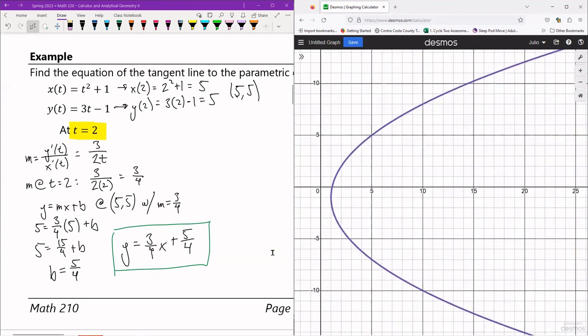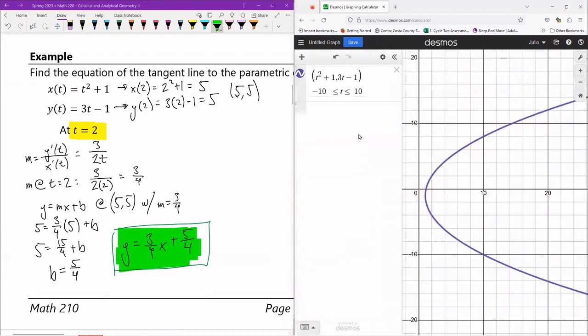So now let's finish up the rest of this problem. We found the tangent line, and it's supposed to be tangent right here at this point, 5, comma 5. If you guys can see at this point right here, yeah? So just to double check, I'm going to put my new equation into the bottom.